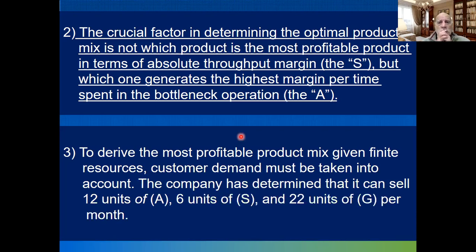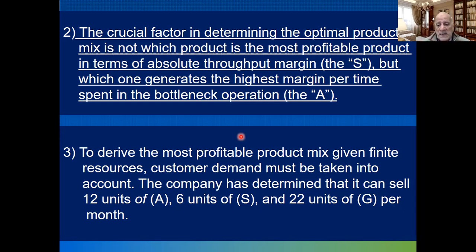You should also note that to derive the most profitable product mix given finite resources, customer demand must be taken into account. The company has determined that it can sell 12 units of product A, 6 units of product S, and 22 units of product G per month.